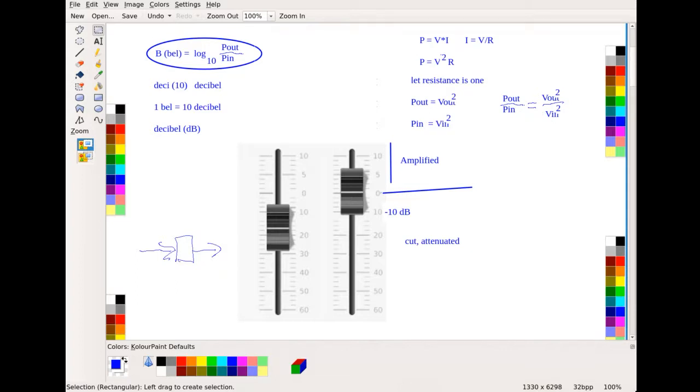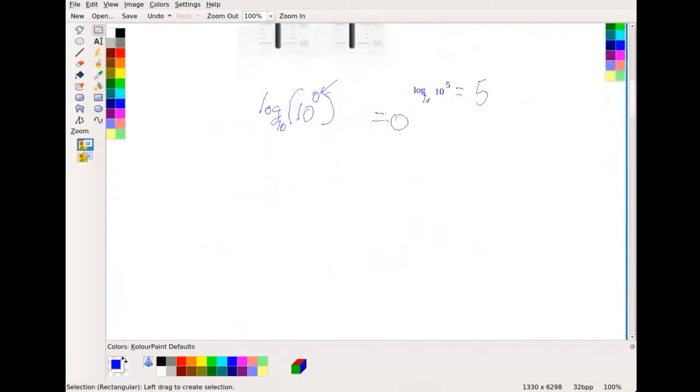So let's look at some numbers here. Let's say that I have 10 to the 0 is 1.